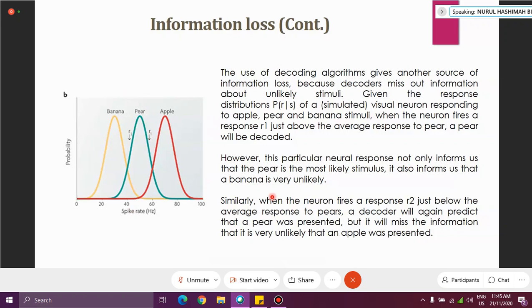But when R2 is fired, you again predict pear because it's just below the average response to pear. It's very close to pear. So we'll say that yes, this is a pear, but it doesn't say that it's not an apple. So there might be confusion for us whether this is pear or apple. At this stage, definitely pear, but not banana. This is definitely not banana. This is a pear.